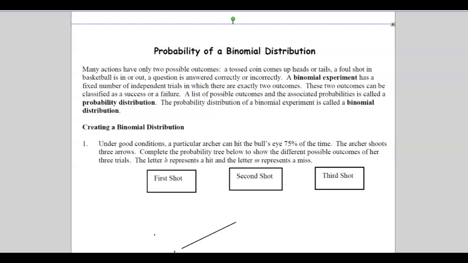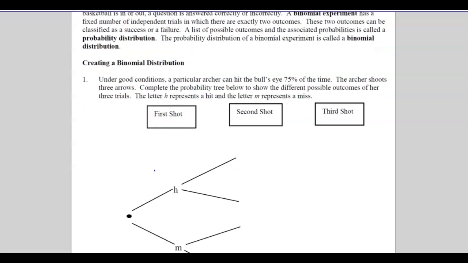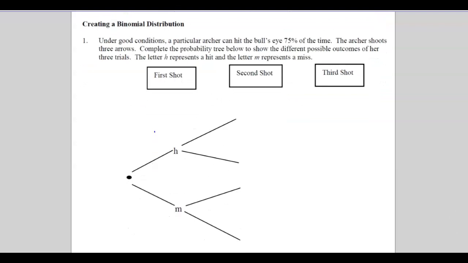We actually did probability distributions back in 2019 in the stats unit. We graphed them, but we're not going to graph one here. A probability distribution of a binomial experiment is called a binomial distribution. So we're going to do the first one the long way with a tree diagram.